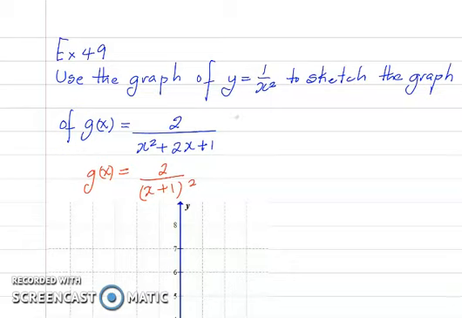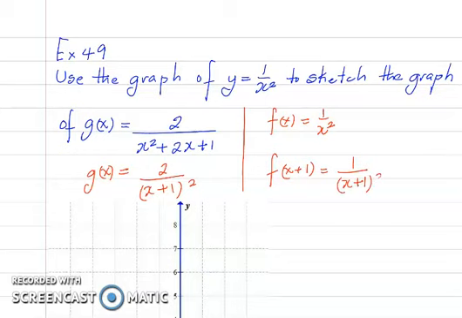Now, if I have, let us say, f of x is equal to 1 over x squared as my starting point, I could obtain the graph of f of x plus 1, which is the same as 1 over x plus 1 squared. To obtain this graph, I'd have to shift the graph of y is equal to 1 over x squared 1 unit to the left.